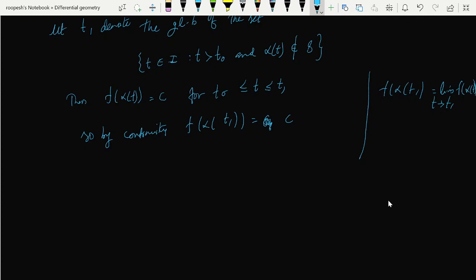So this equals the limit as t tends to t1 of, what is f of alpha of t? It is c, so we get this entire quantity as c itself. So f of alpha of t1 equals c, that is, alpha of t1 belongs to S, our surface.